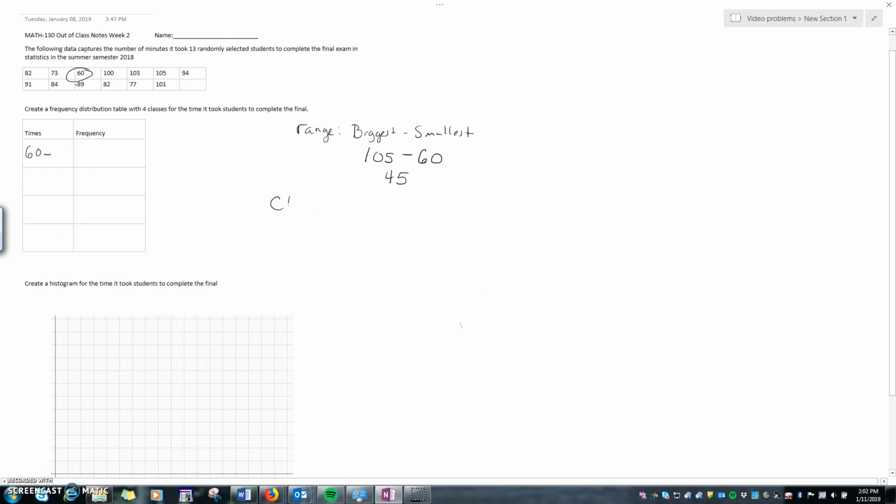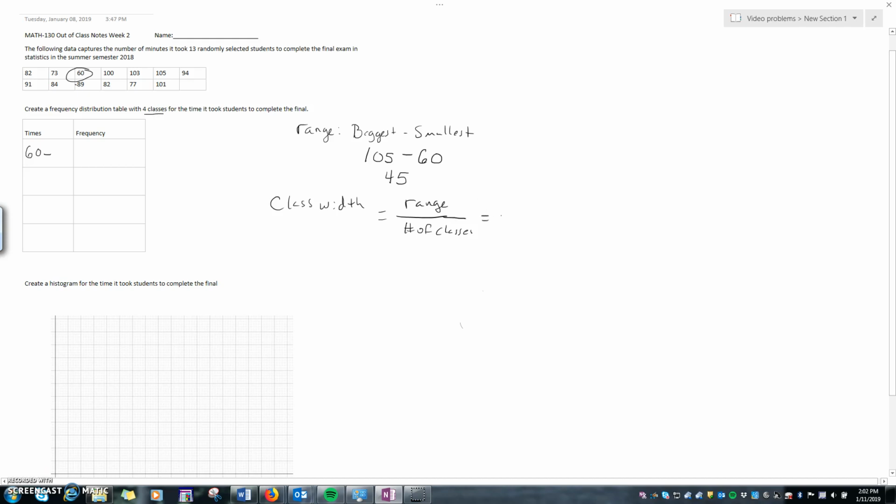Well, you find your class width by taking the range, which we just found, and dividing it by the number of classes. How do I find the number of classes? Well, it tells me up here that we want 4 classes.